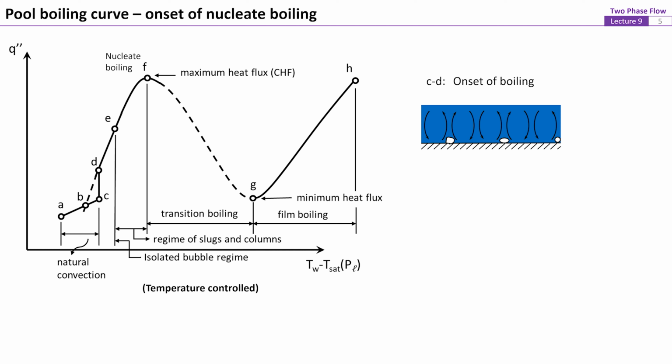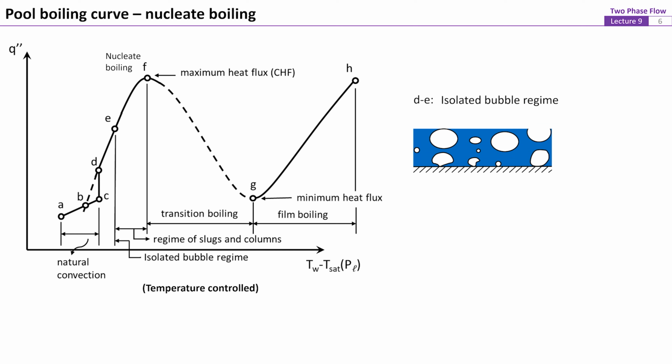This is shown by the vertically moved curve from point C to D. For water at the ambient pressure of 1 atm, the typical excess temperature required for initiating the nucleation is around 5 to 6 degrees C.